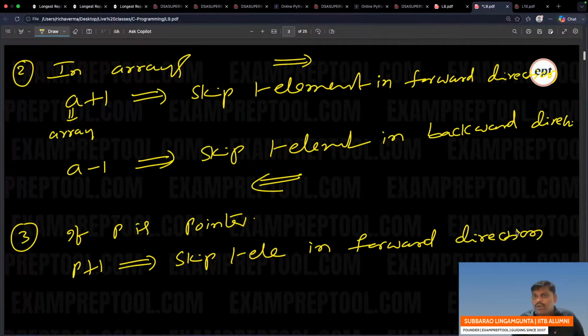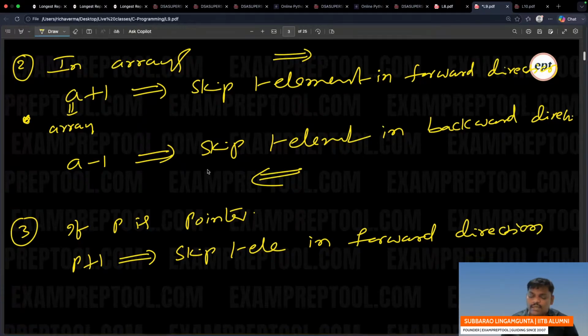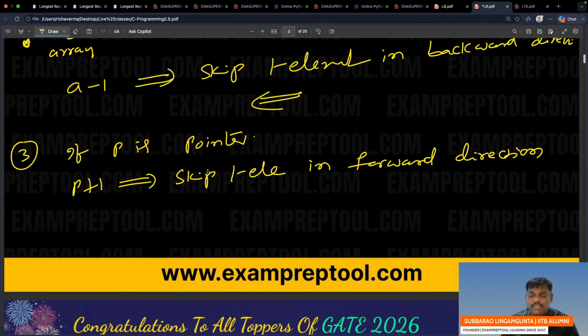So an array is also one type of pointer. That is the reason whatever happens here, the same thing happens here also. Array means base address. It is also one type of pointer, but some limitations are there, because an array represents so many elements. So if P is a pointer, P plus 1 skips one element in the forward direction, and P minus 1 skips one element in the backward direction.